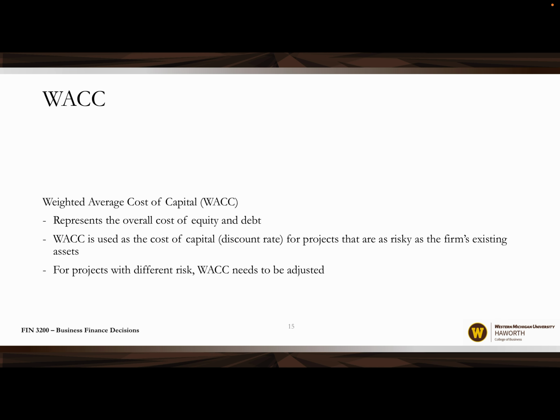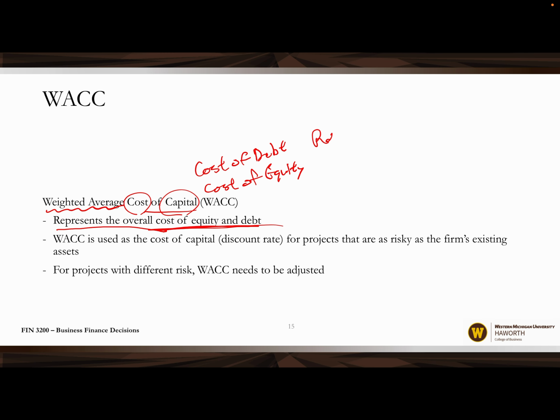So it represents the overall cost of equity and debt. As the name suggests, we're taking the weighted average cost of capital. That is, cost of debt and cost of equity. We're just taking the weighted average of these two things, RD and RE.